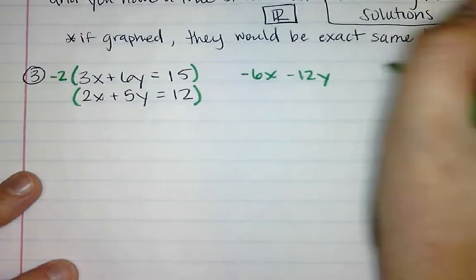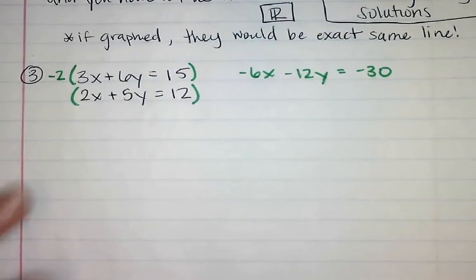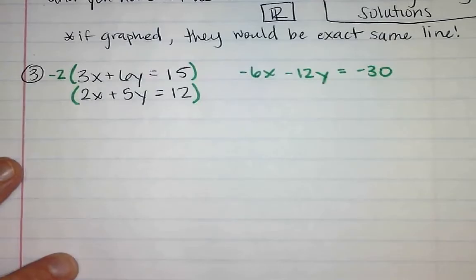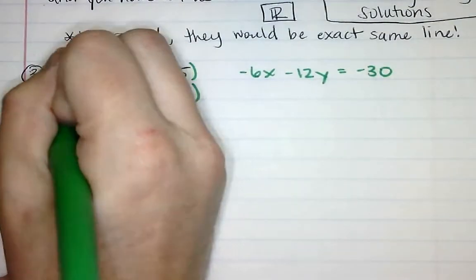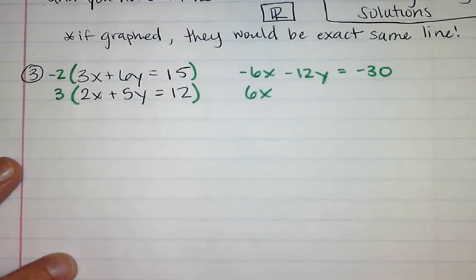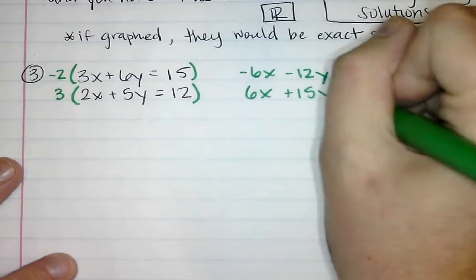Are we comfortable with that? Now, what would I have to multiply my bottom equation by? 3. Because then that would give me a positive 6x plus 15y is equal to 36. Are you guys comfortable with that?